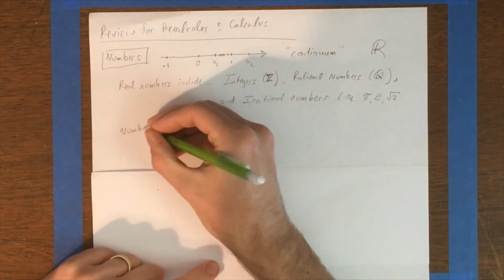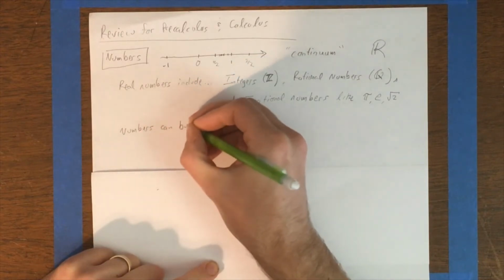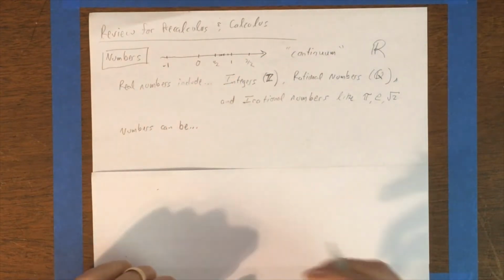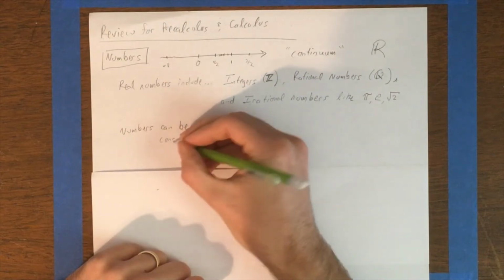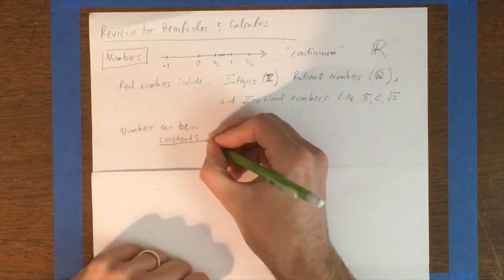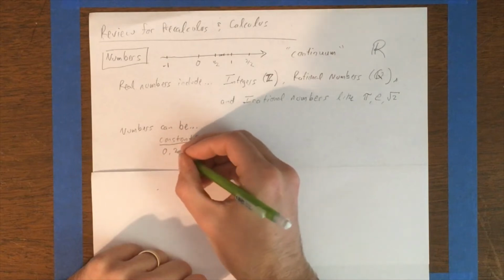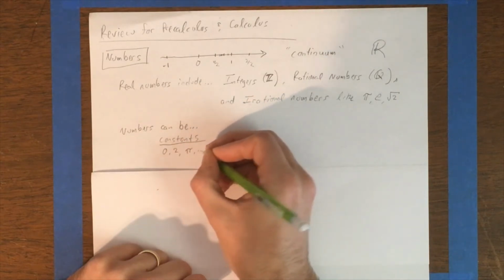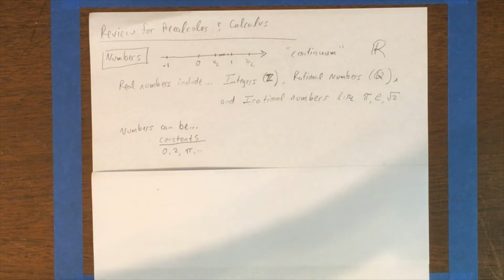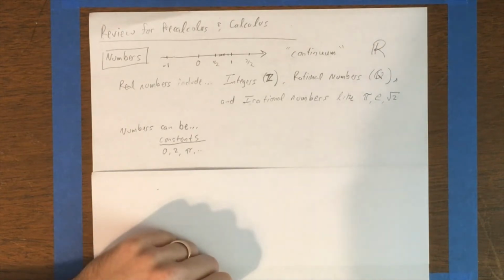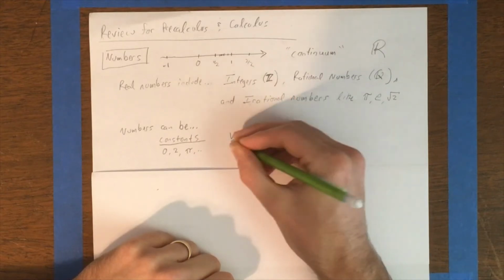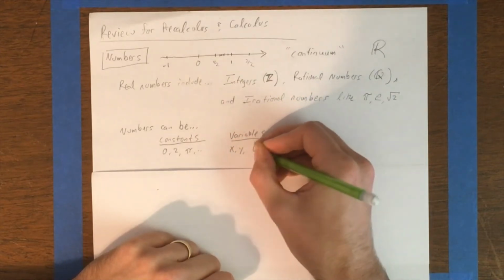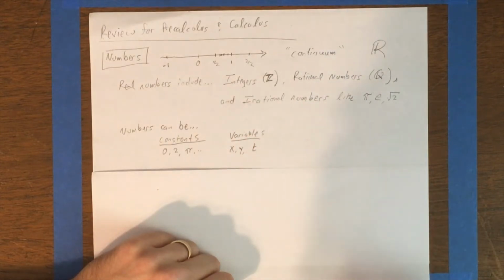Algebra. We're going to be dealing with geometry, and we're going to be dealing with algebra. In algebra, numbers can be different things. We can have constants, like 0, 2, pi, etc. A lot of the numbers we work with are going to be constants. They can be variables. Common variables, of course, are x and y, and also t for time.